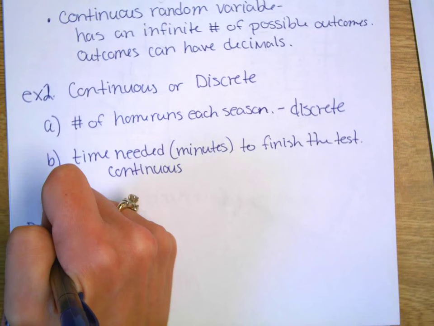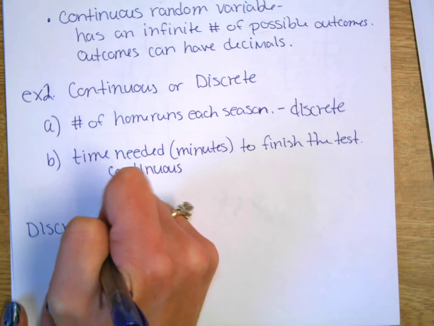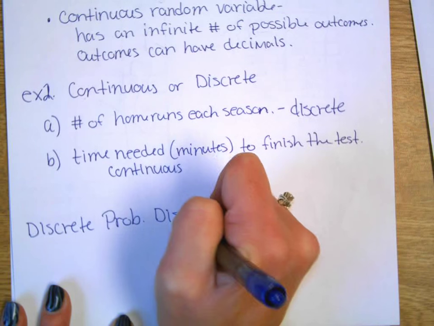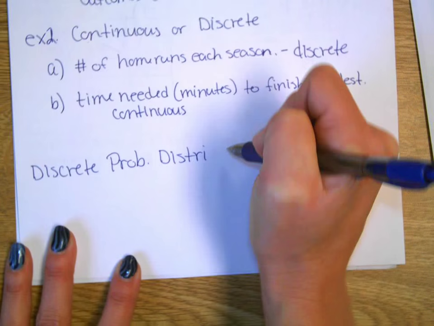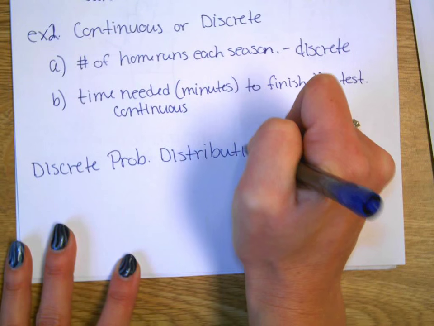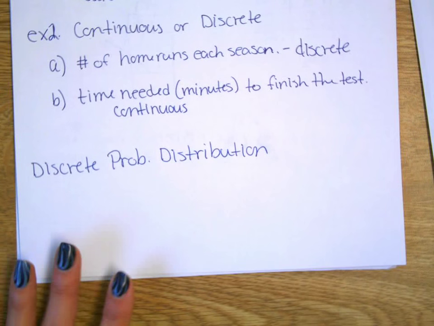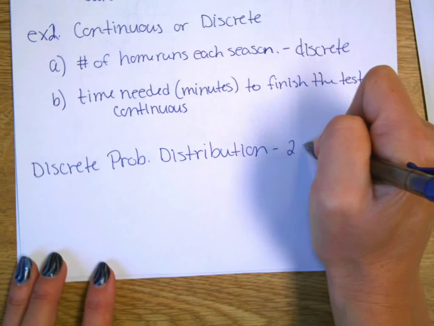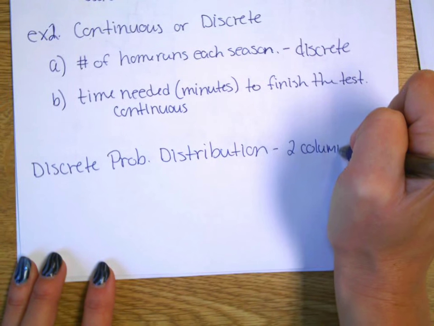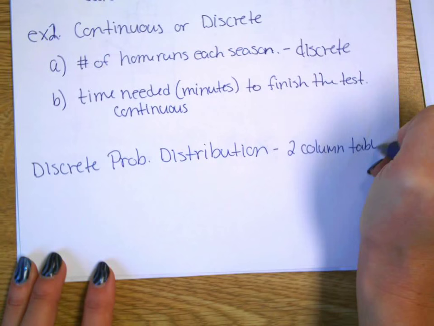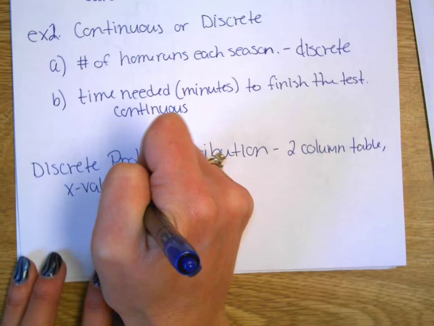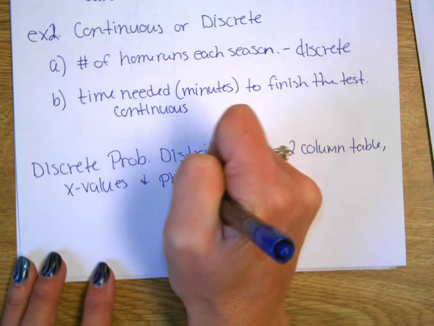So, a discrete probability distribution lists the two-column table of x values and probabilities.